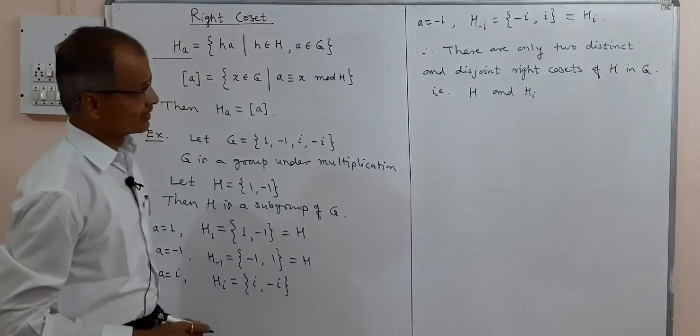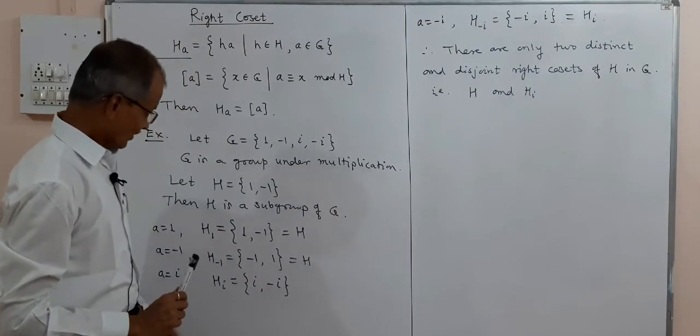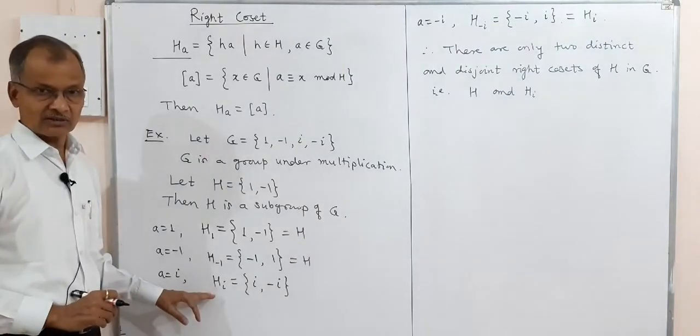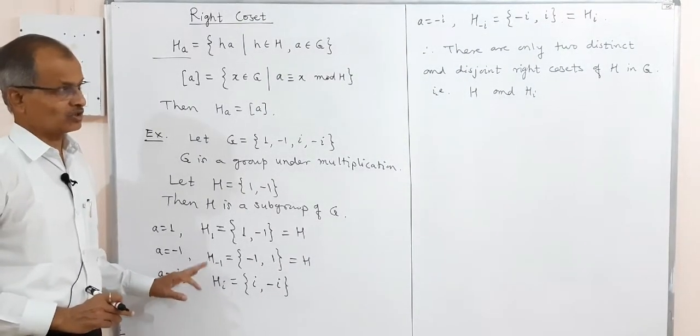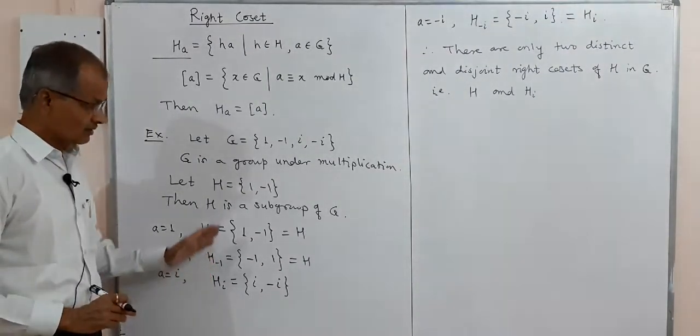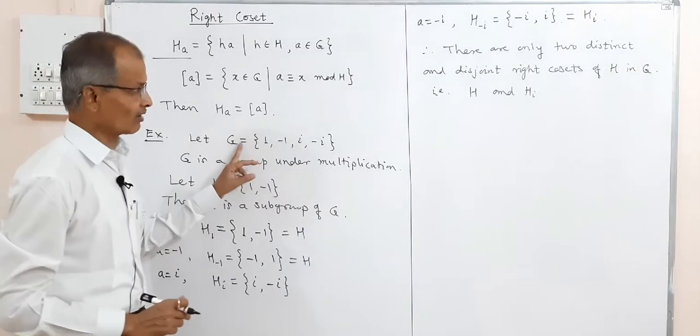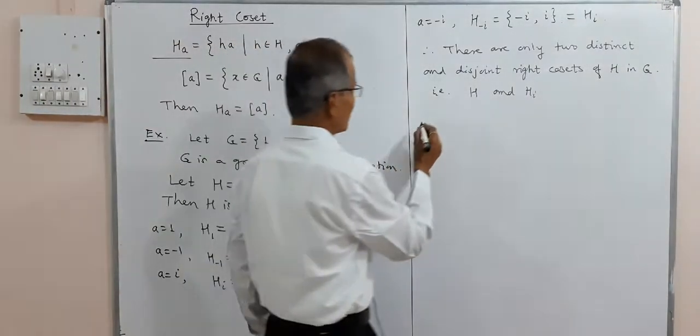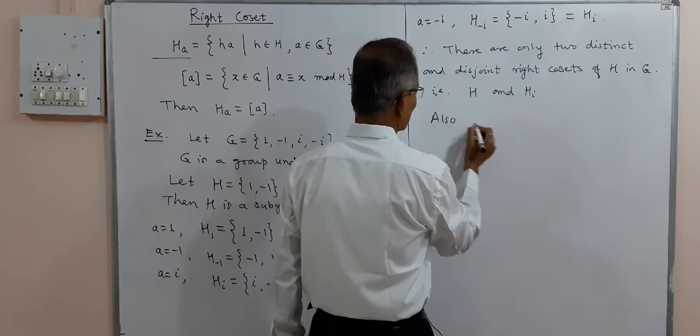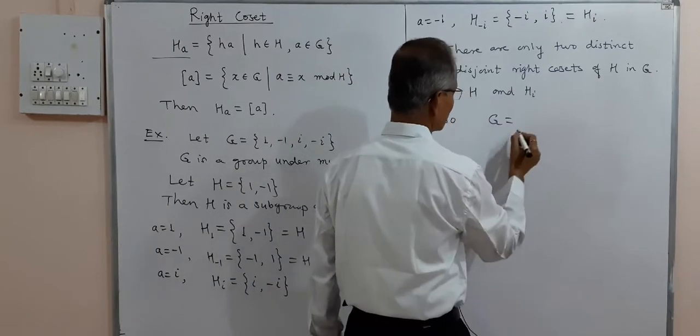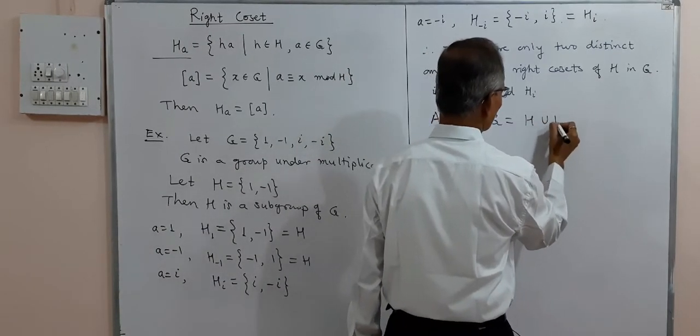So these are disjoint, no element in common, and also distinct. Another thing to be noted is that the union of these distinct right cosets of H in G is the entire set G. That is, G is equal to H union Hi.